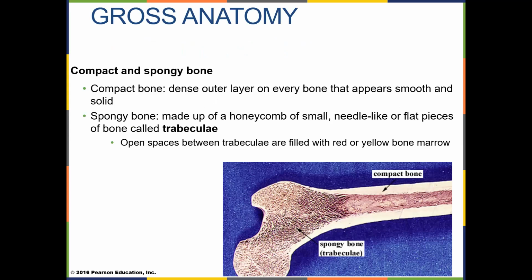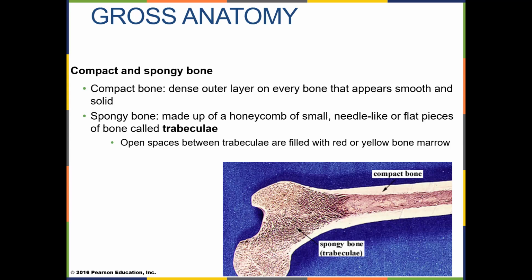Gross anatomy wise, there are two types of bone: compact bone and spongy bone. Compact bone is the hard bone that you see on the outer surface of any bone you look at, whether you're looking at a femur or a fibula or a vertebra.